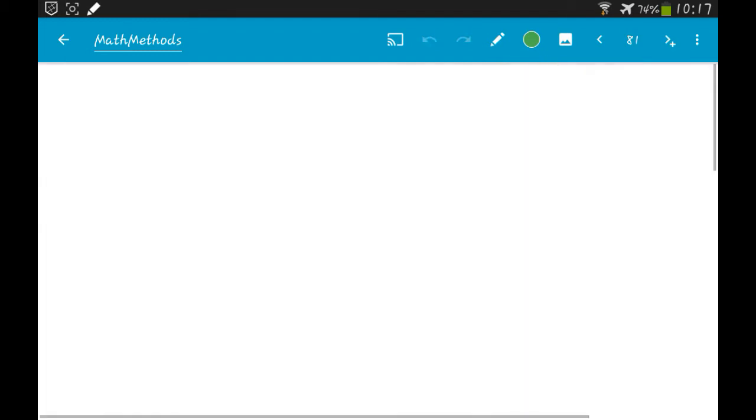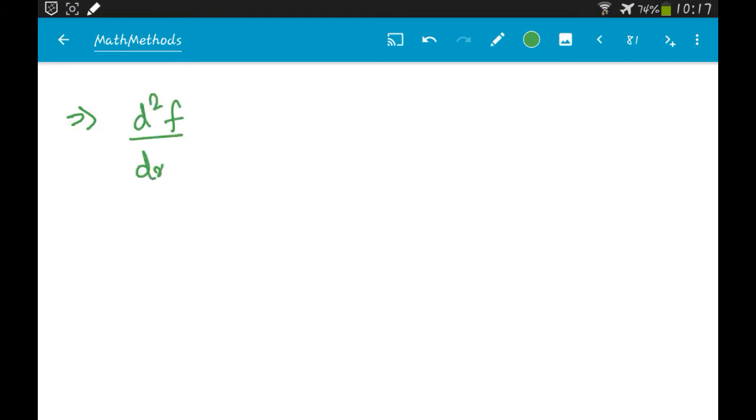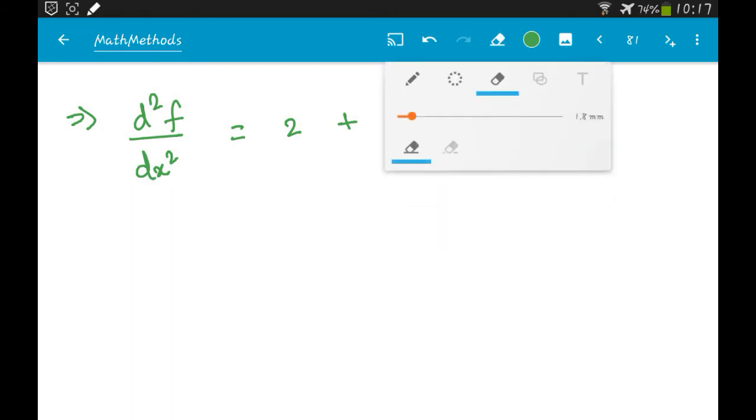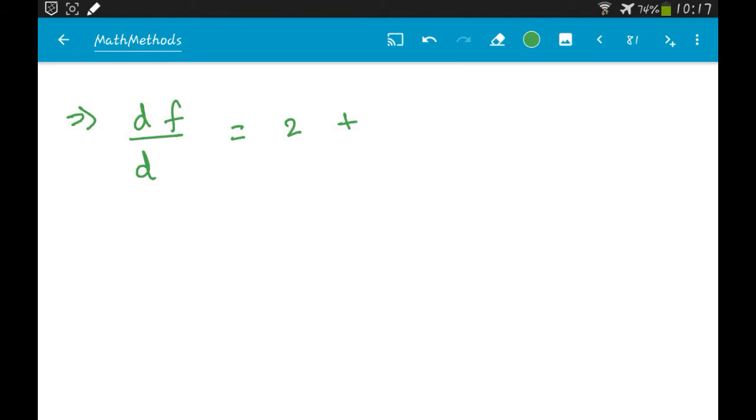Okay. Now we already know what dy by dx is, right? So first of all, d square f by dx square will then be 2 plus, so let's write this fully. So df by dx is nothing but 2x plus 2y dy by dx.